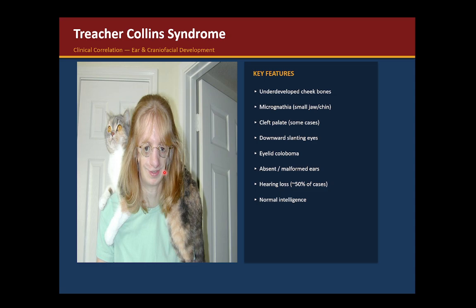So if the malleus and incus are not formed well, then you have deafness. So these patients would have underdeveloped cheekbones, micrognathia, which is a small jaw and chin, sometimes cleft palate, downward slanting eyes, eyelid coloboma, absent or malformed ears, hearing loss in 50% of the cases, but normal intelligence. There's nothing wrong with their brain.